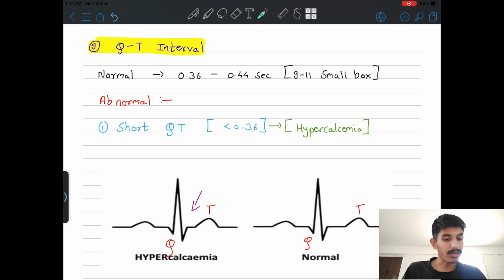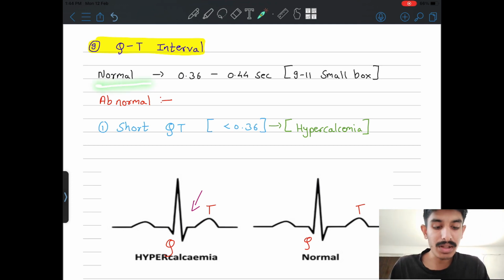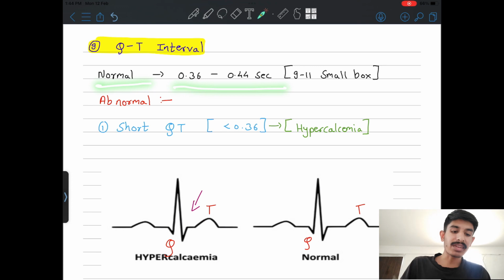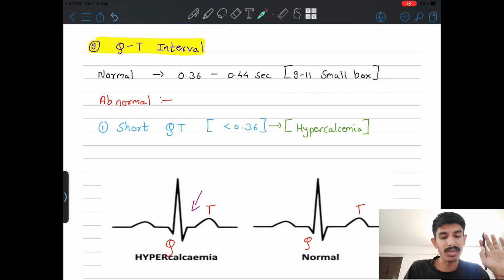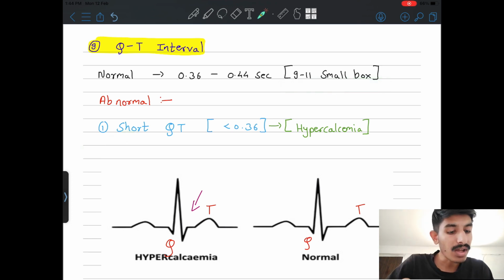Now the QT interval. The QT interval tells about your hypercalcemia and hypocalcemia. Normal is 0.36 to 0.44 seconds, about 9 to 11 small boxes. If it is short, it tells you hypercalcemia.